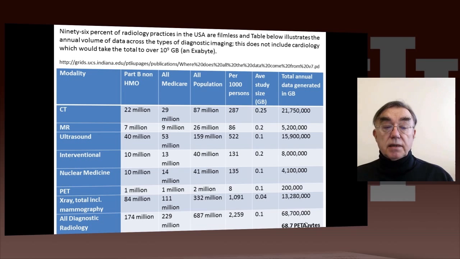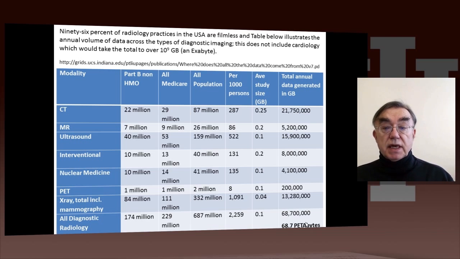Here's another slide about radiology or medical imagery. It says that you have almost 70 petabytes of data per year coming from medical imagery. So that's a very big number. Then it divides it between the various sources.